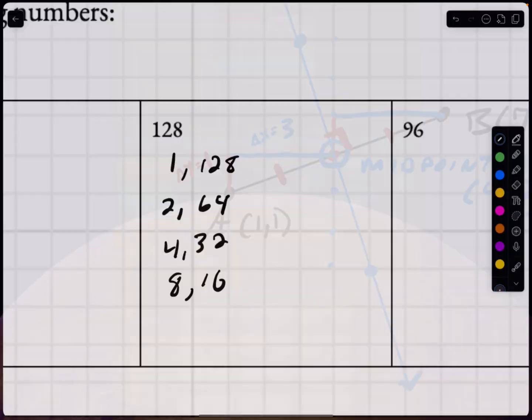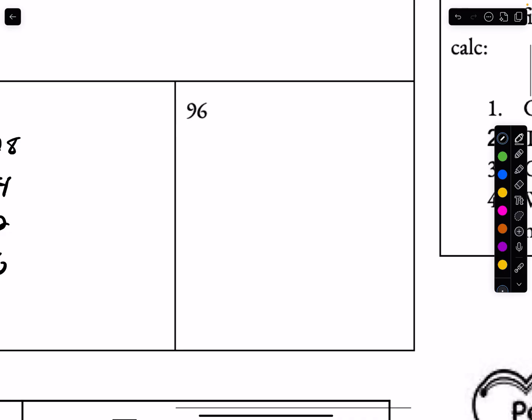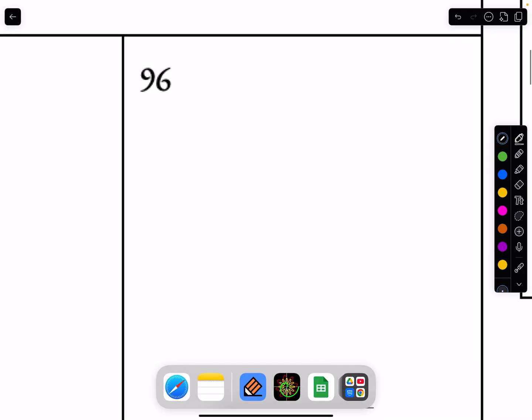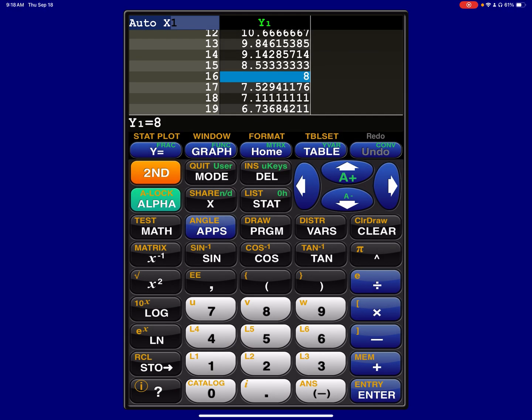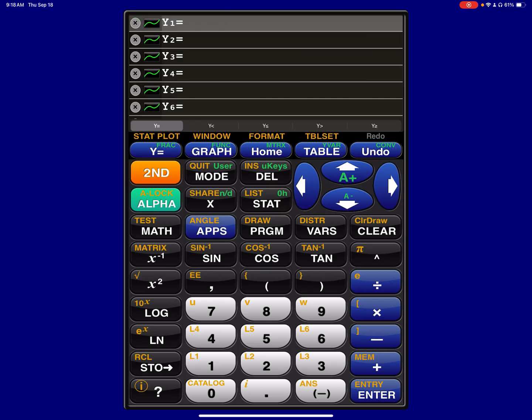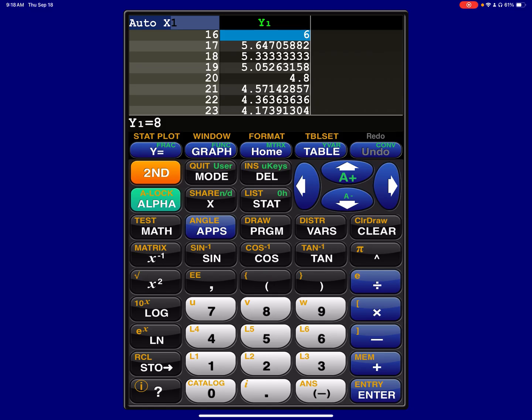Now take a look at the factor pairs of 96. I go back to y equals, clear this out, and I'm looking at 96. I'm going to divide by x and let the calculator do the work.